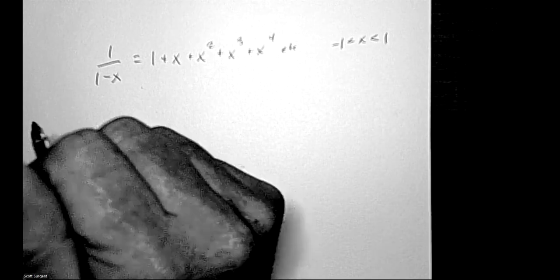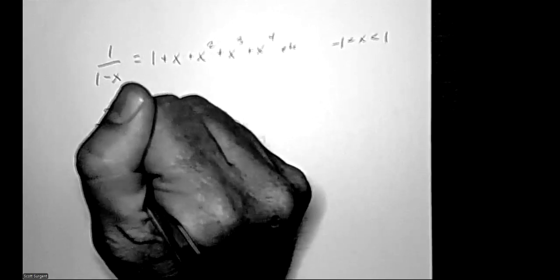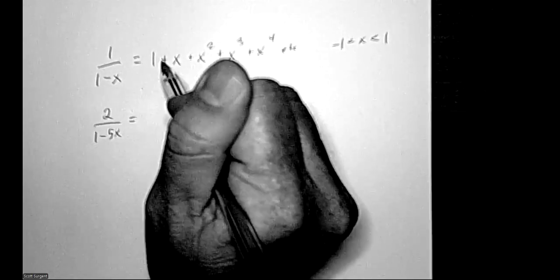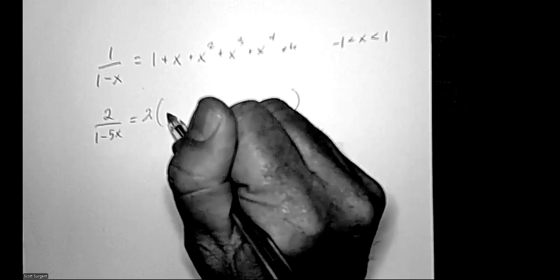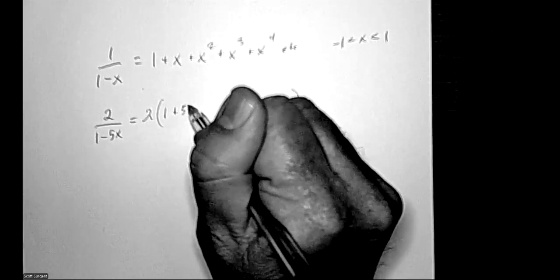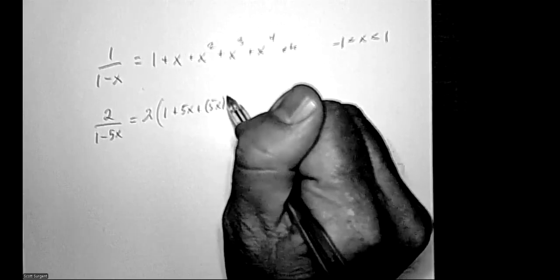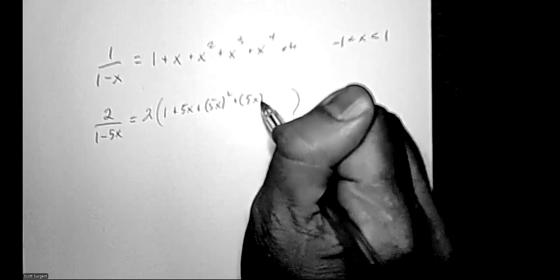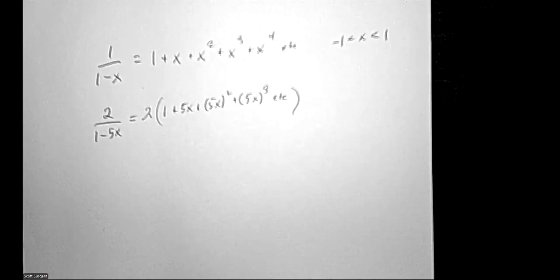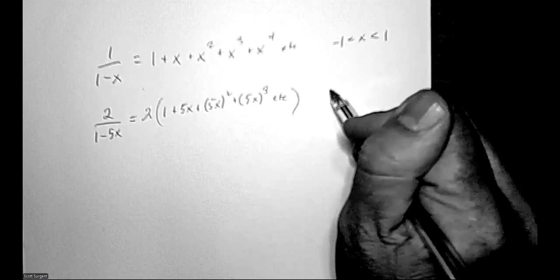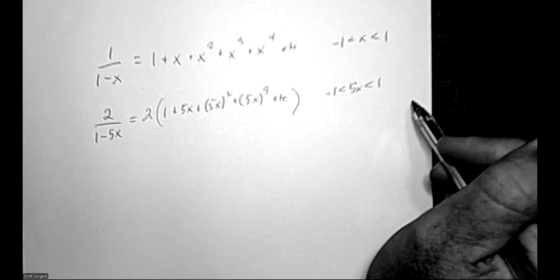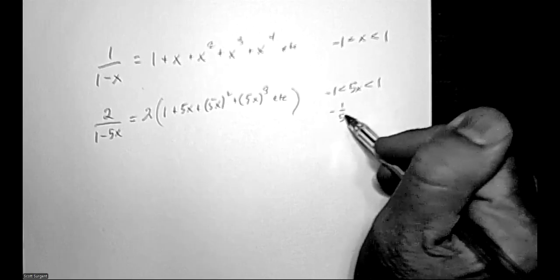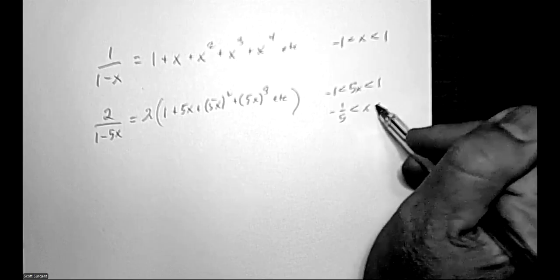So let's say you have 2 over 1 minus 5x. Well, the 2 just becomes a multiplier, and then we just do the whole thing on the inside. It'll be 2 times 1 plus 5x plus quantity 5x squared plus quantity 5x cubed, etc. And that's a good conformation, except it's only good when 5x is between -1 and 1, or equivalently when x is between -1/5 and 1/5.